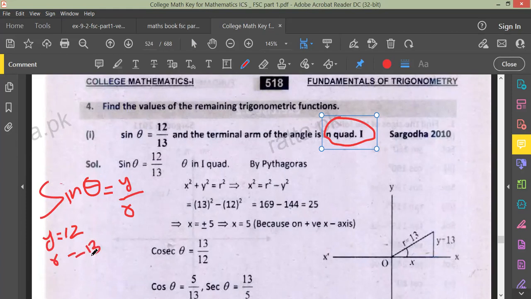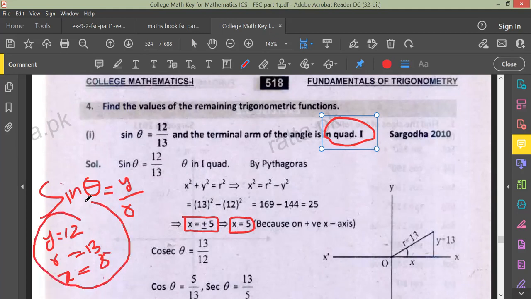So simply we can find the value of x by applying Pythagoras theorem. After applying Pythagoras theorem, the value of x will be equal to plus minus 5. Because we are in first quadrant, x is always positive. So we will take x as 5. So the value of x is 5.